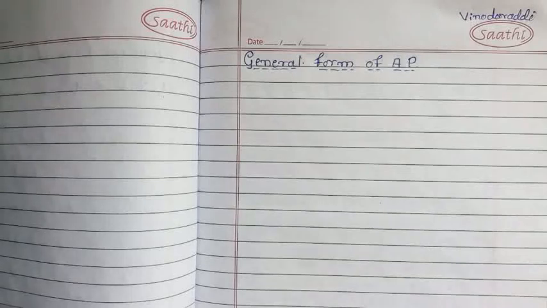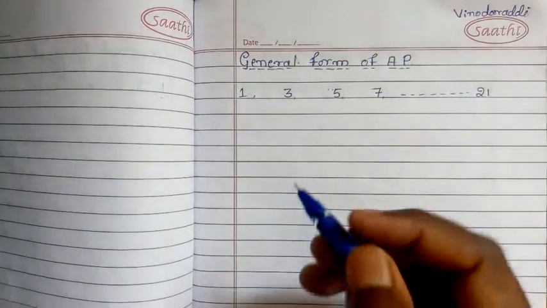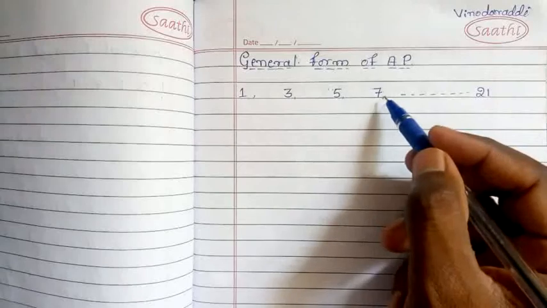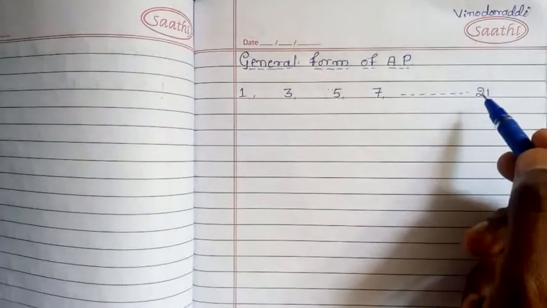Here I have a sequence of numbers: 1, 3, 5, 7, 21.